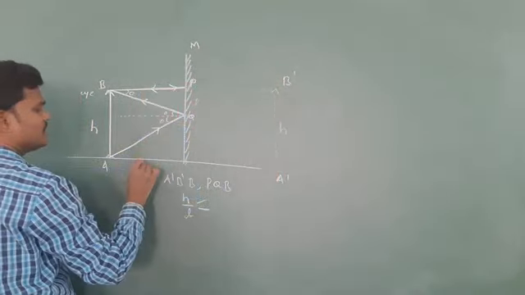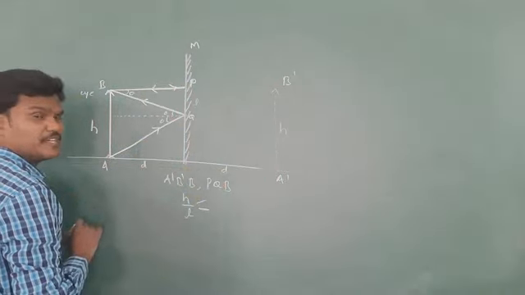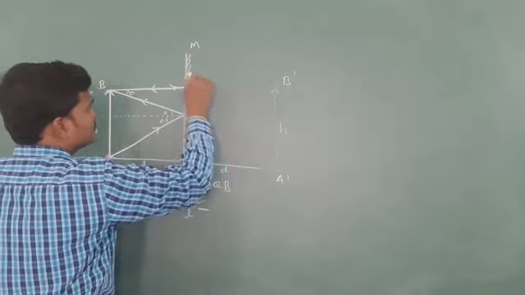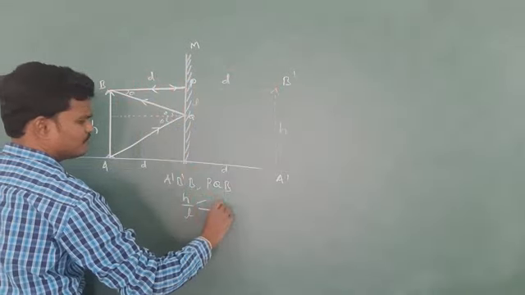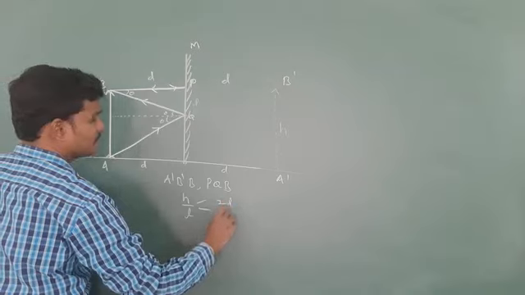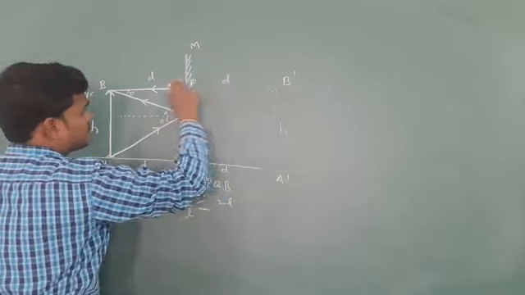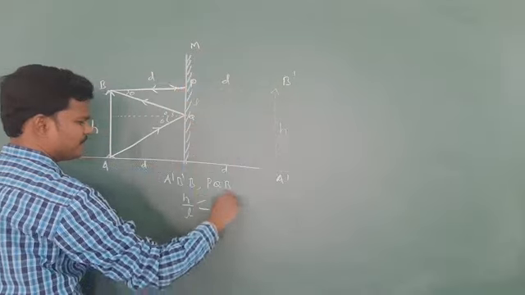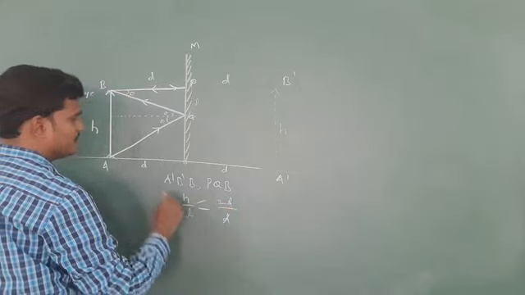If this is D, this is also D. If the object is at a distance of D, the image is also at a distance of D. So what is the total? D, D. So the bigger one is, height by length, 2D by D. Now h is equal to 2l, the minimum height.